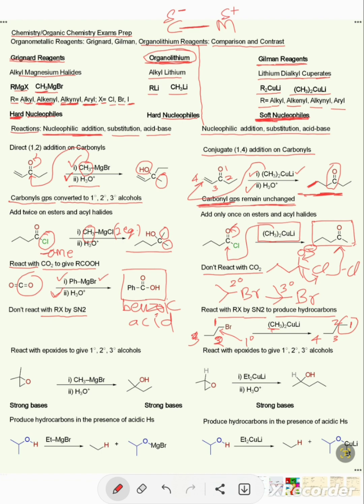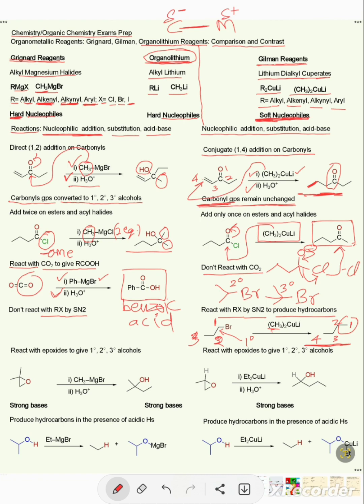So in order to effectively use Gilman's reagent to get higher hydrocarbons, one needs to take primary alkyl halides. And that is also true for all substitution nucleophilic second order reactions. We will discuss those in some other video, but let's see now quickly. These are the reactions so far.